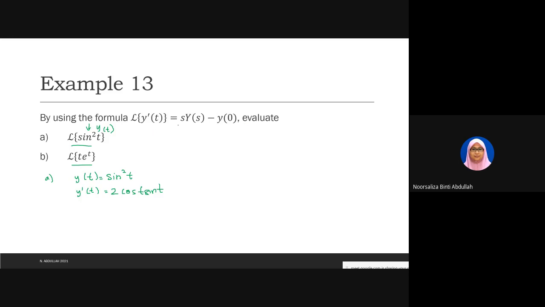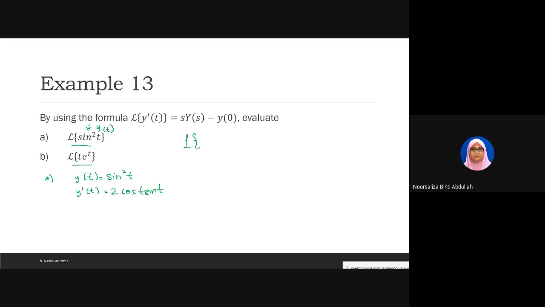So dengan menggunakan yang ini, you kena dapatkan dia punya Y(s). So macam mana?